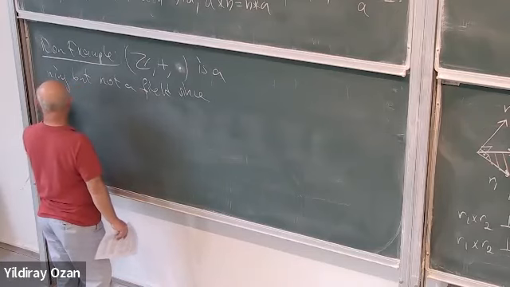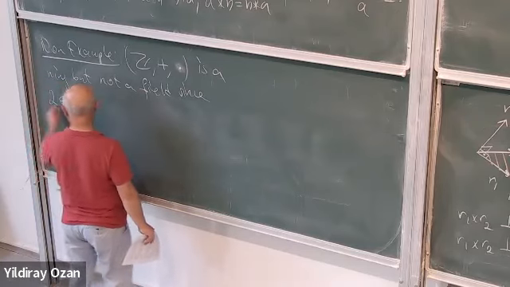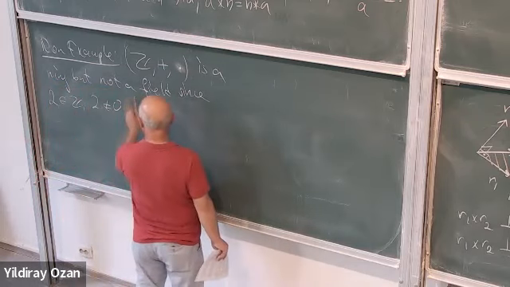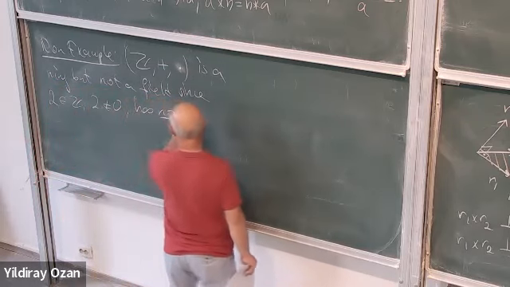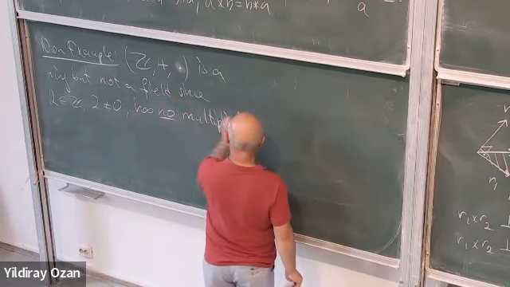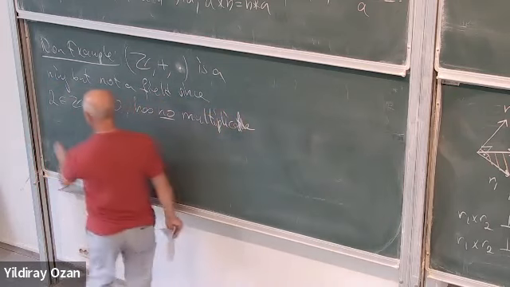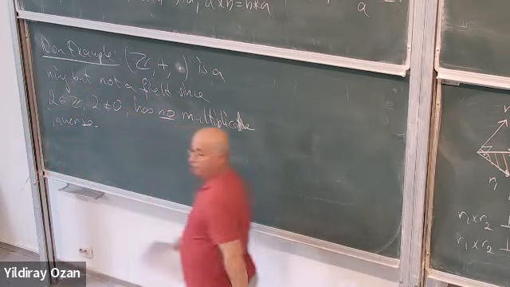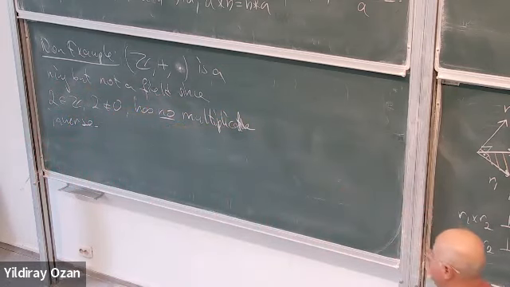Since 2, okay, this is different than 0, has no multiplicative inverse. For a number field, we should have a multiplicative inverse. Okay.